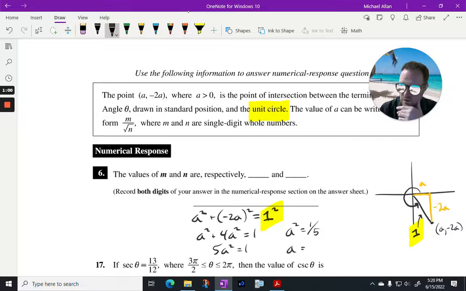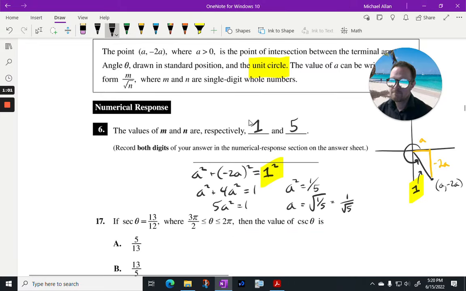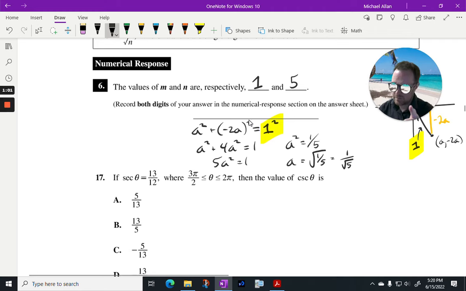So the square root of 1/5. Remember, that's just the square root of the top, square root of the bottom. It's like an exponent, so you just apply it to the top and bottom. So the square root of 1 is 1, and this is the square root of 5. So 1 and 5. The numerical response ones are always very hard. But yeah, 1, 5 is the answer for this one. Unit circle. Remember that.